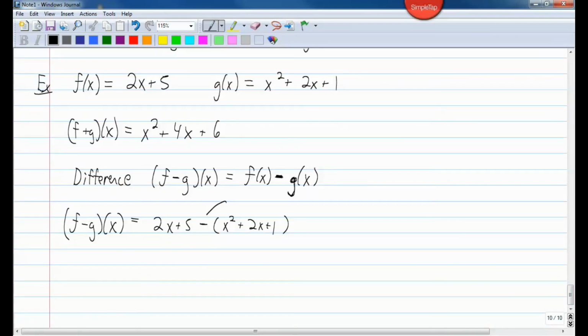Then I would distribute the negative, so I'd have 2x plus 5 minus x squared minus 2x minus 1. Then I'd combine like terms. So I'd have negative x squared. Just so happens these x's cancel out, the negative 2x and the positive 2x. And then plus 5 and minus 1 is plus 4. So f minus g of x will be negative x squared plus 4.